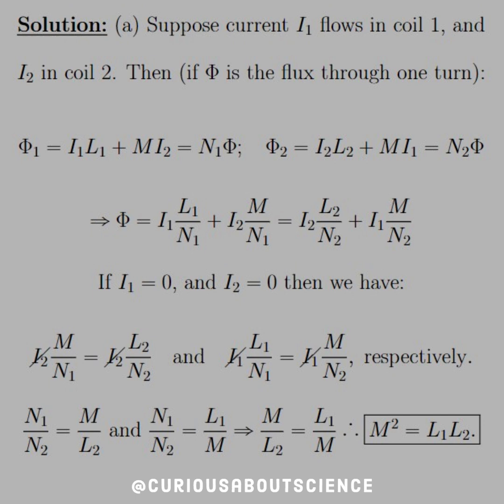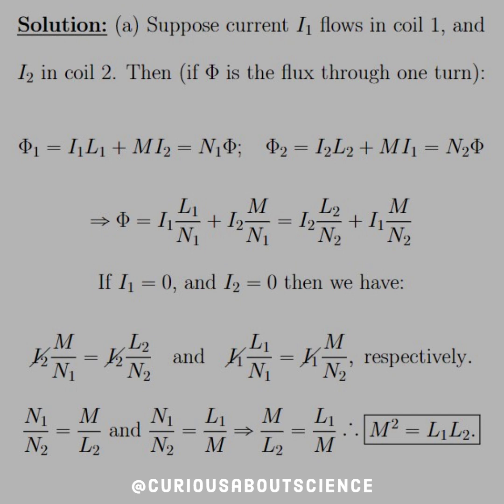Now, if we were to take turns turning a current on and off, and we set I1 equal to 0, that would cancel out the I1 terms in this equation, and we would see that I2 times M over N1 is equal to I2 L2 over N2. Similarly, if we set current 2 equal to 0, we would get another cancellation: L1 over N1 is equal to M over N2.